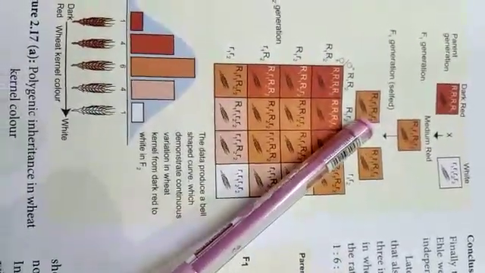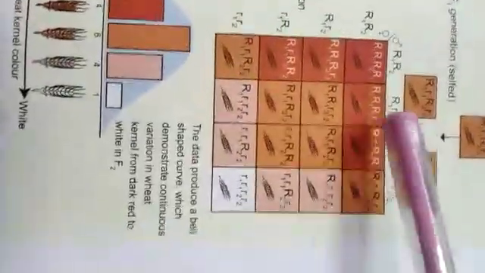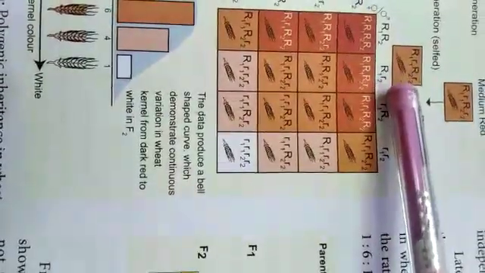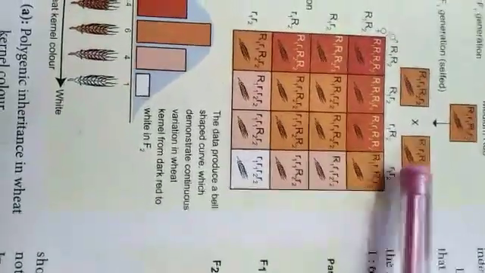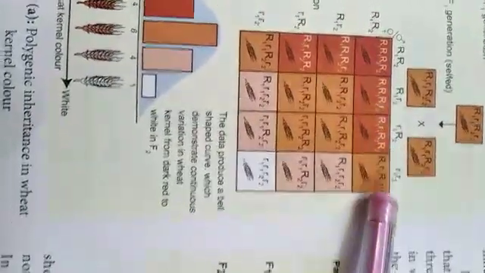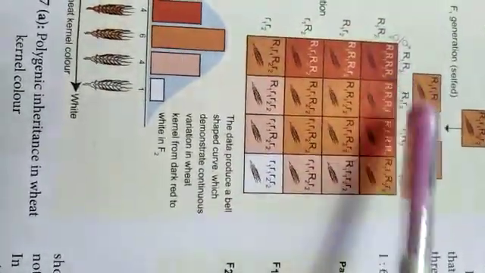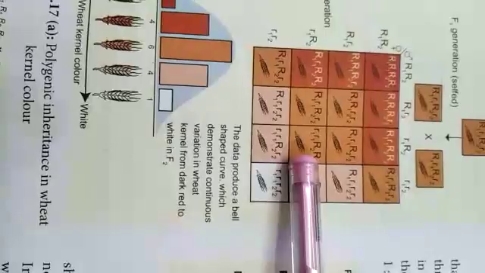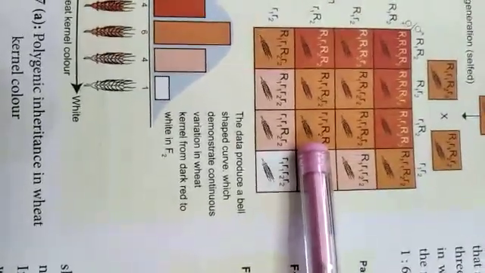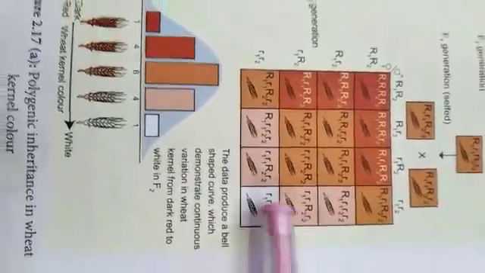Now the F1 generation is selfed, interbred with each other: capital R1 small r1 capital R2 small r2 crossed with capital R1 small r1 capital R2 small r2. Each forms four gametes. In the F2 generation, 15 are many shades of red color and 1 is white.